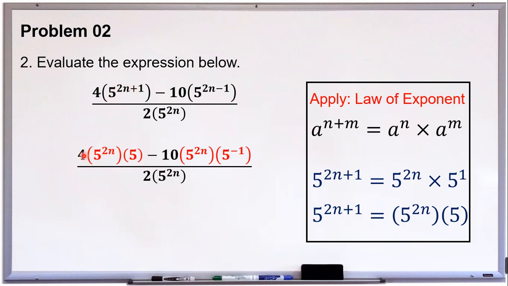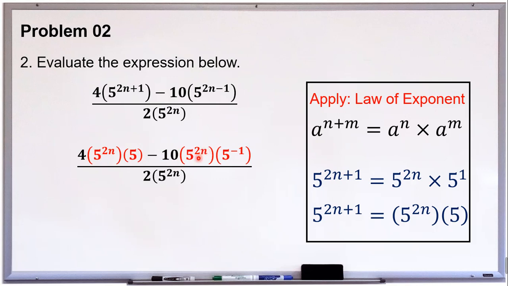So in the next line of our solution, this becomes 4 times 5 raised to 2n times 5, and then minus 10 times 5 raised to 2n. Take note, we have minus 1 here, so you have 5 raised to negative 1. Next, we have a common factor for the expression in the numerator, because in the first term we have 5 raised to 2n, and in the second term you also have 5 raised to 2n.